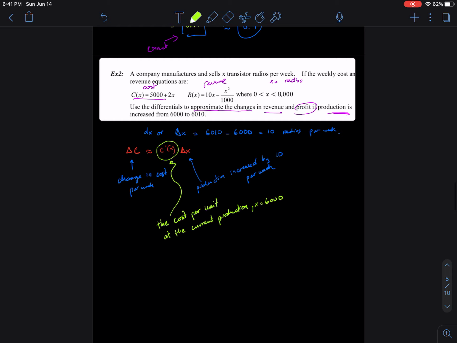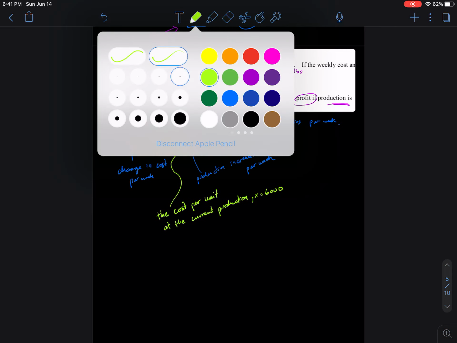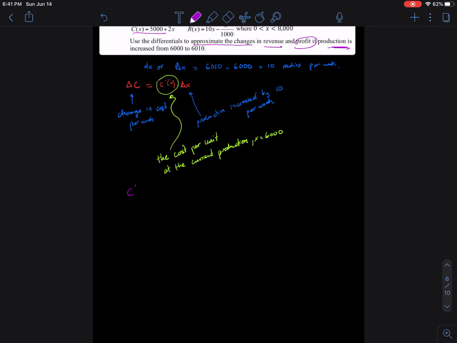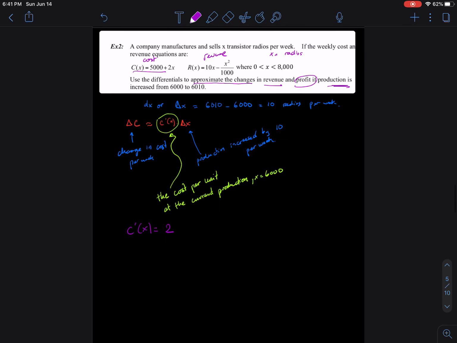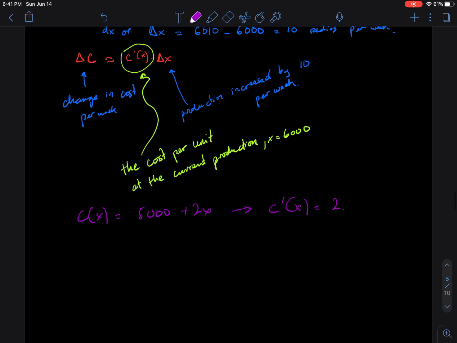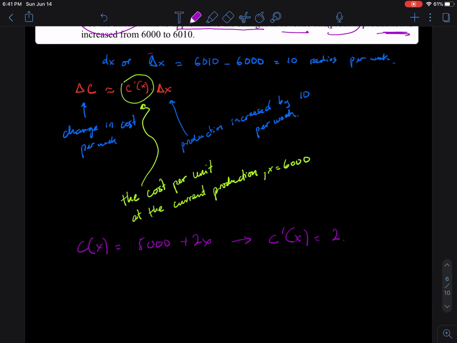So let's go ahead and find C prime of x. If C of x is 5,000 plus 2x, then C prime of x is just 2, using the power rule of derivatives. And we already have delta x, which is 10.